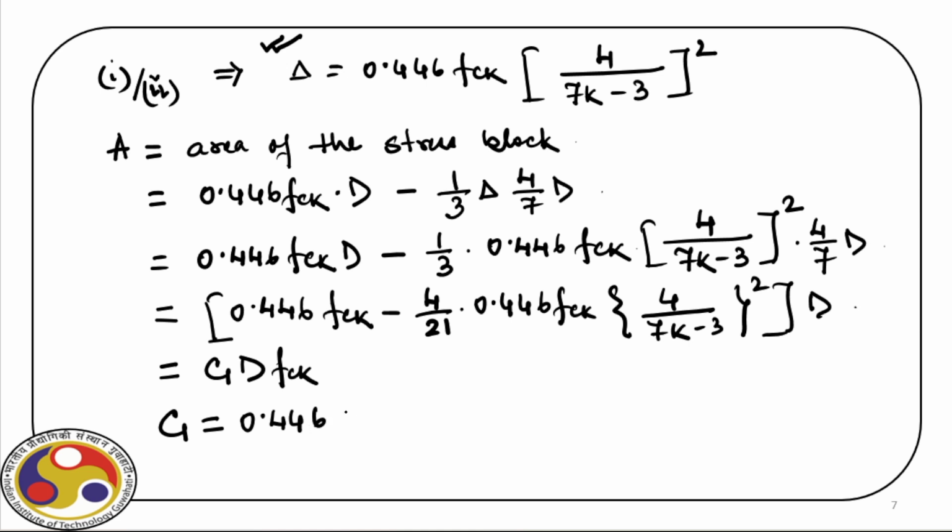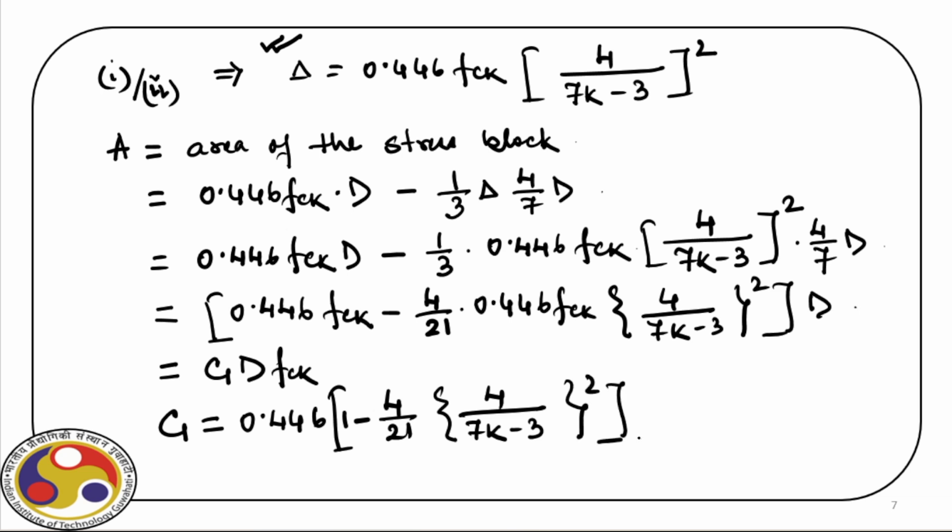C1 is 0.446 minus 4 by 21, 0.446. So we can write 1 minus, and then we have 4 divided by 7K minus 3 square.